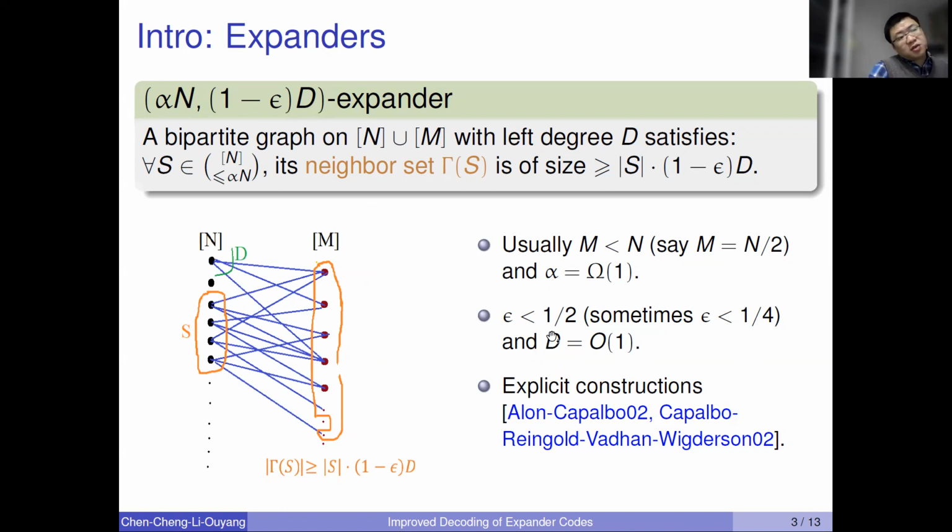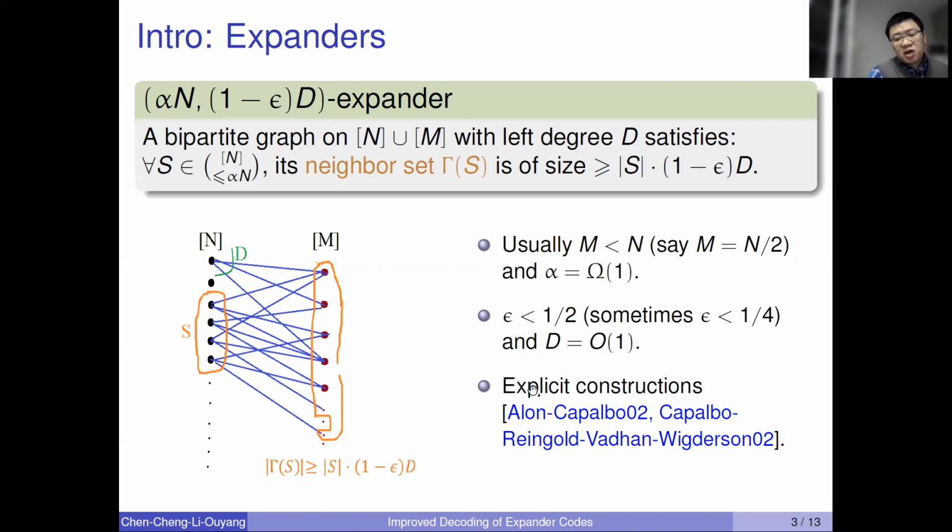Then the degree d on the left-hand side will be a constant that depends on alpha and epsilon. We know explicit constructions with such parameters exist from previous work by Alon, Capalbo, Reingold, Vadhan, and Wigderson. That's all I want to say about expanders.